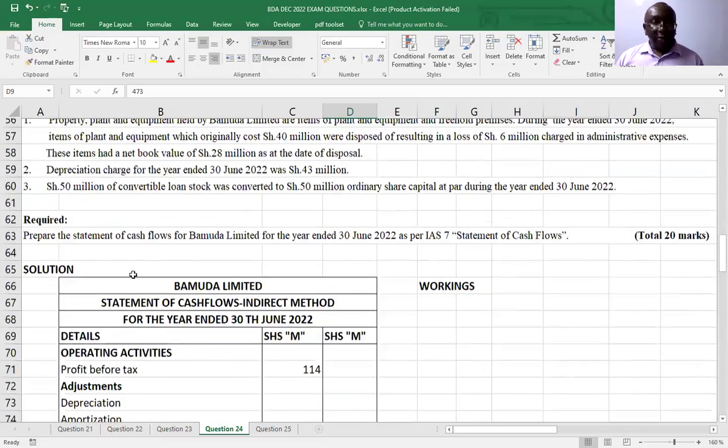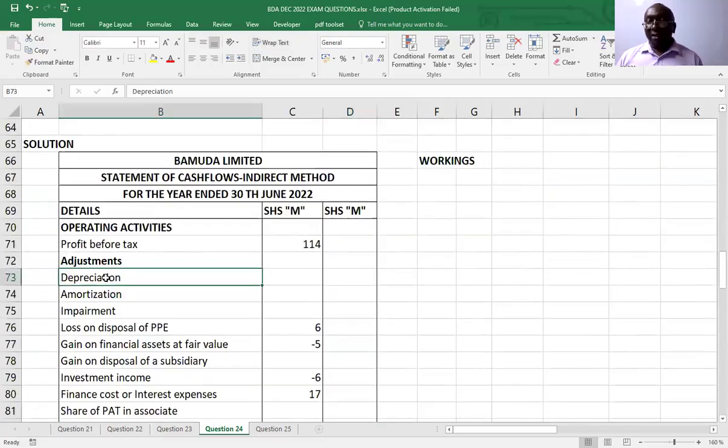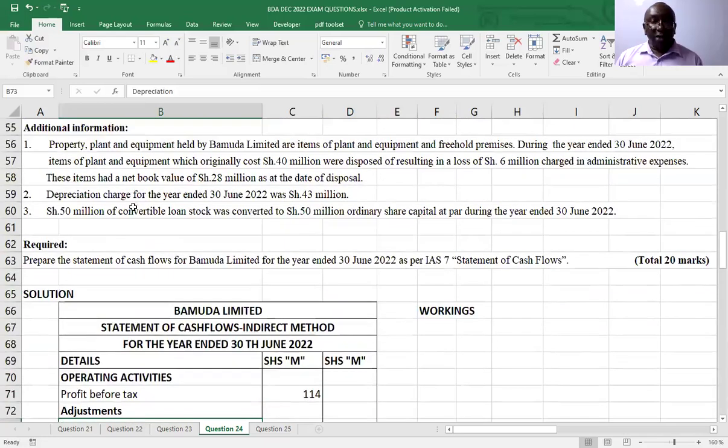According to our format, we had mentioned depreciation. So let's see whether it is mentioned. Depreciation was mentioned here in information 2. So depreciation charge for the year, it is 43. So that depreciation should be added back, it is a non-cash item. Remember, when we are doing the adjustments, we remove anything that is not part of operations.